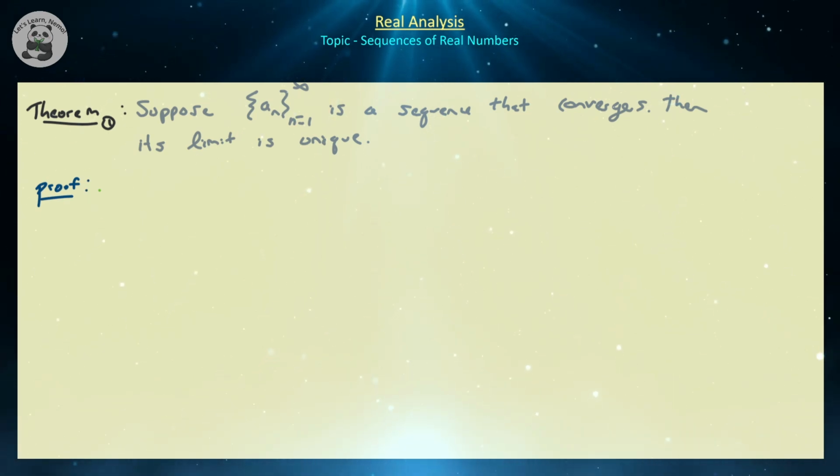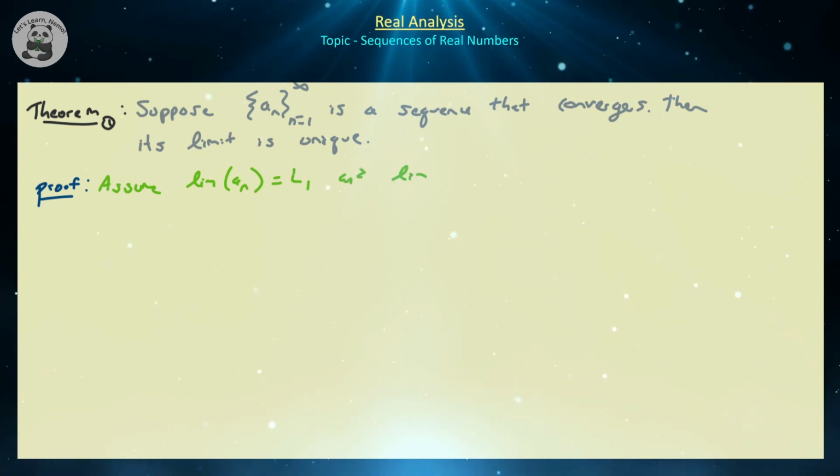What we're going to do is assume that the limit of a_n is equal to L1, and we're going to show that the limit of a_n is equal to L2, and we're going to use the definitions of limits and convergence of sequences in order to justify that L1 and L2 are equal to one another regardless.